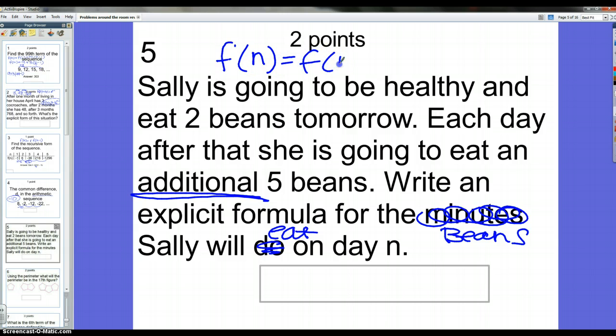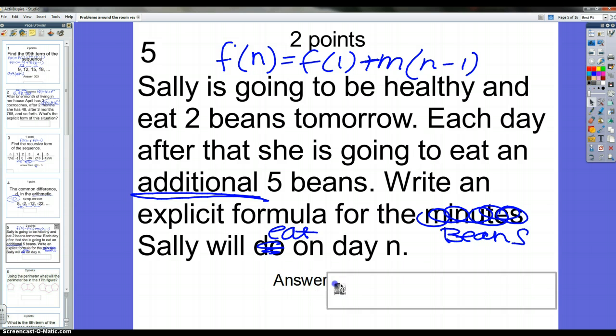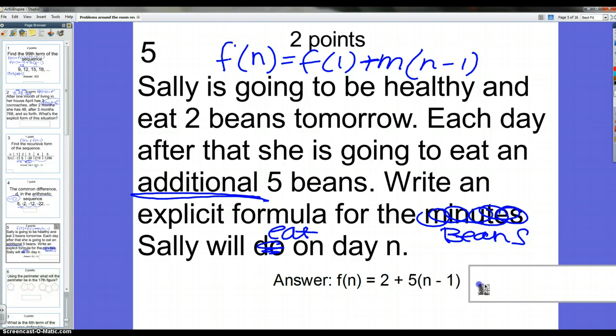So I need F1 plus m(n minus 1), because that is our explicit form for arithmetic. And our first day is going to be 2, and then every day we are adding 5, so our slope is 5, and then n minus 1 would be our form.